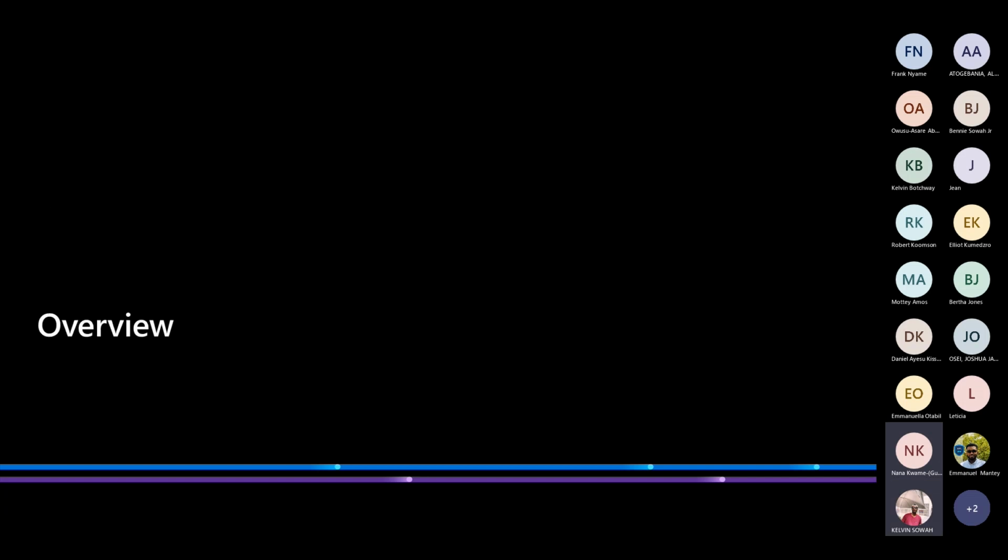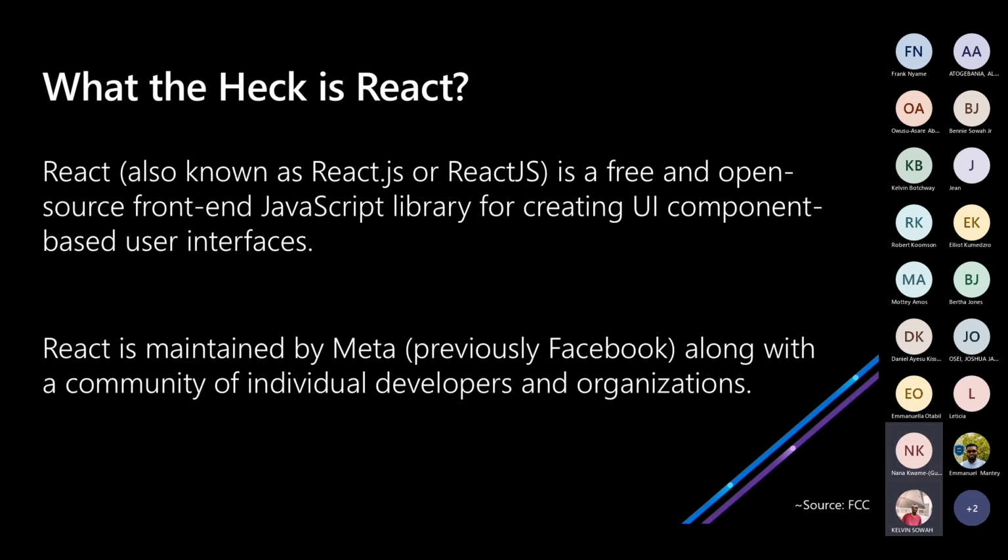So to the overview. What at all is React.js? I'm sure most of you have heard of React before. People are talking about React.js. What at all is React? So React is basically a JavaScript library that helps us build web applications, the UI of web applications. UI is basically the user interface. For every application, we have the front end and then we have the back end, right?